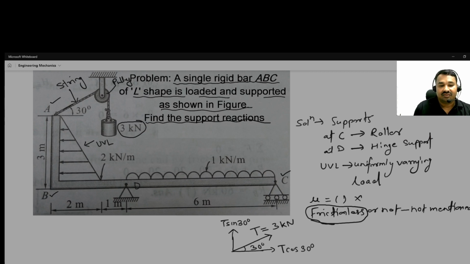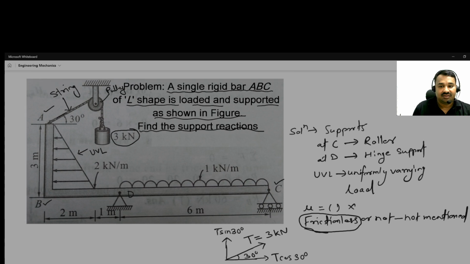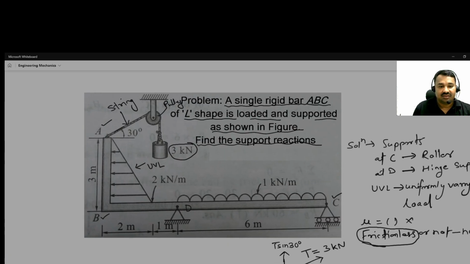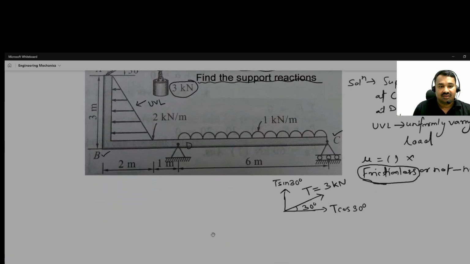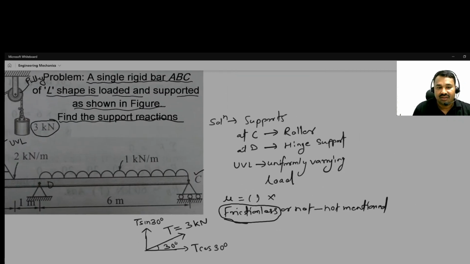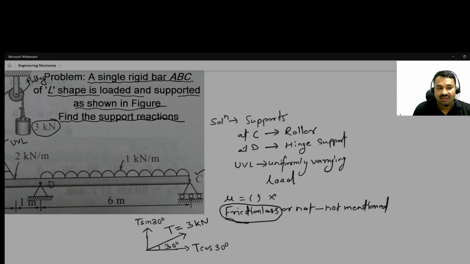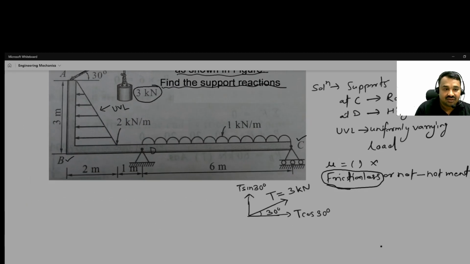Okay, and what about the UVL load? This load UVL, how is it varying? So we can see here.